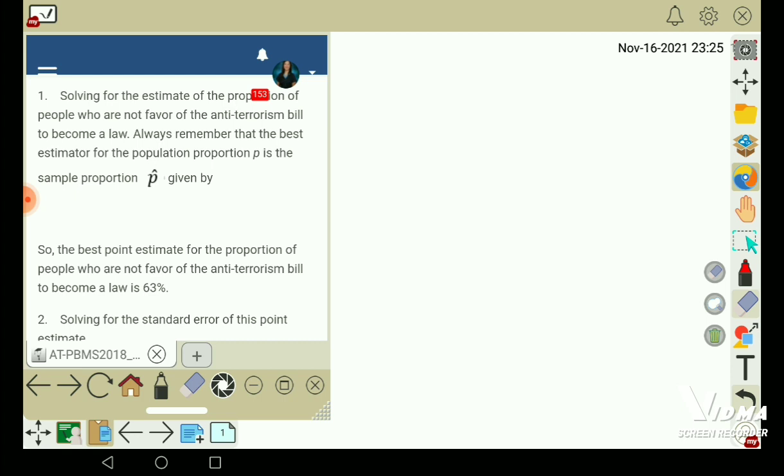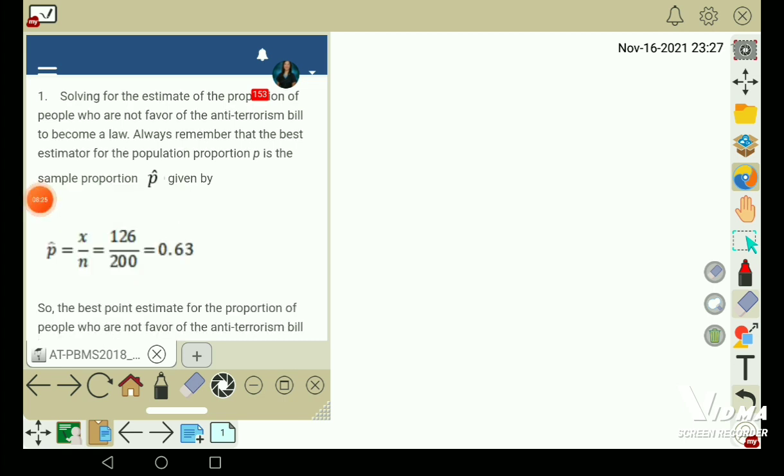So p hat is equal to x, the number of those who are not in favor of the anti-terrorism bill, given by small letter x, over your sample size, which is 200.